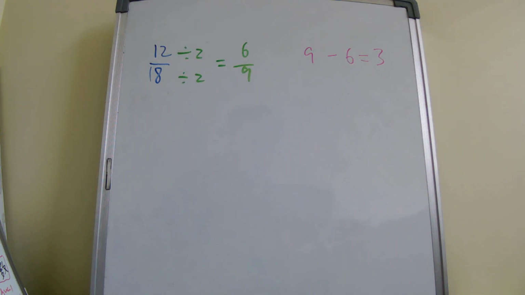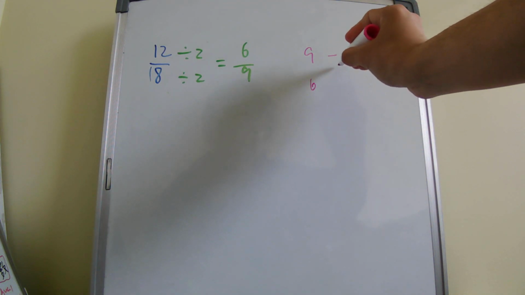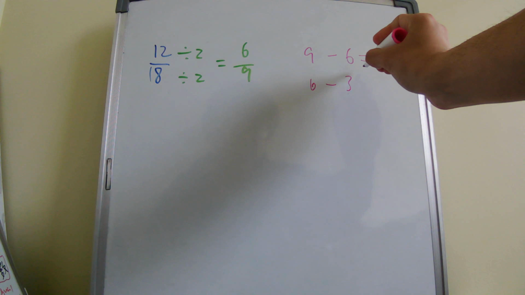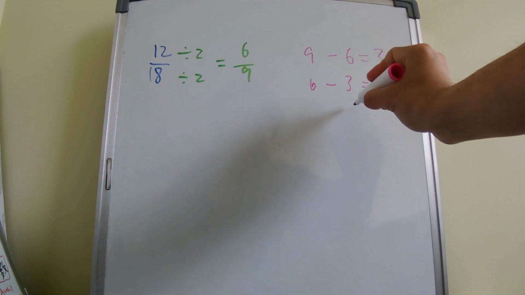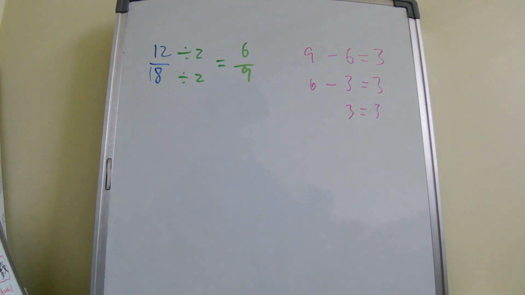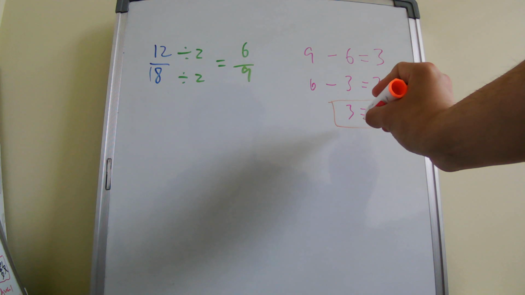Then you repeat this algorithm using 6. Taking the 6, you subtract the 3, larger subtract smaller. 6 minus 3 gives us 3. So we see that we have 3 and 3 on the left and right side. Once we get to this stage, this is called the equal number, or the 等数.